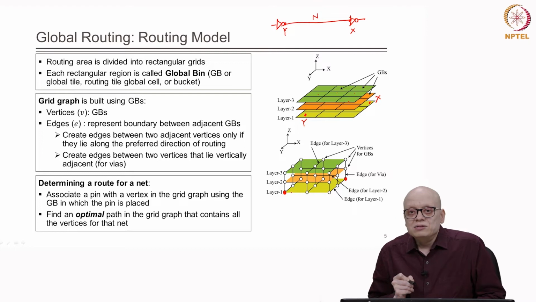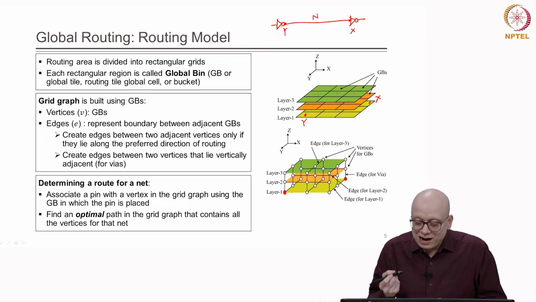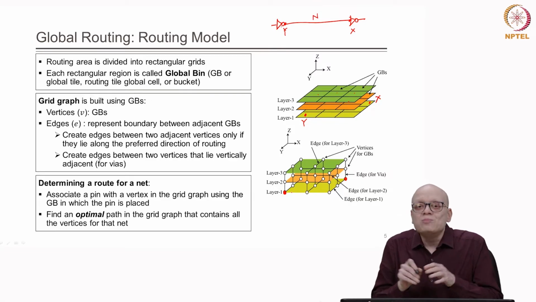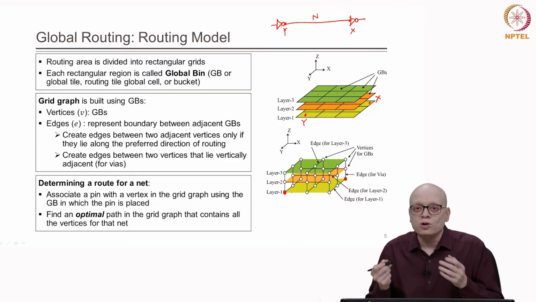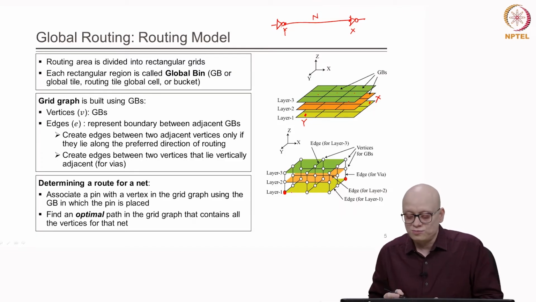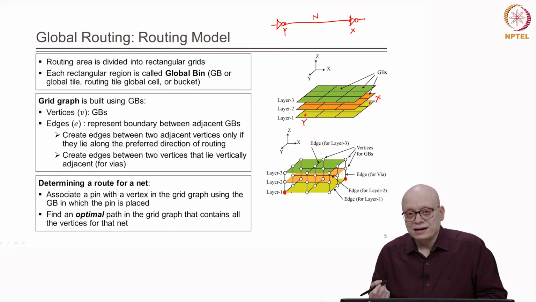And how do we create this path? We create it using some optimality measure. We need to optimize it based on some cost measure and find a routing solution for this particular net.